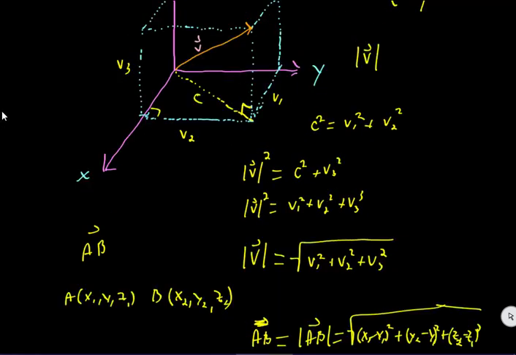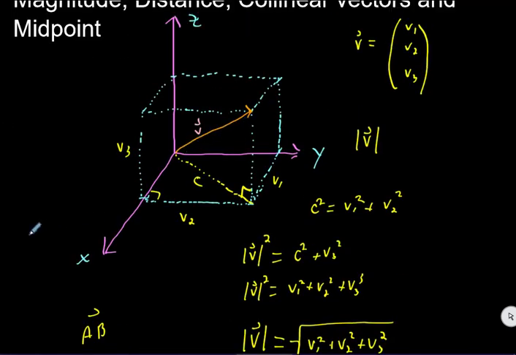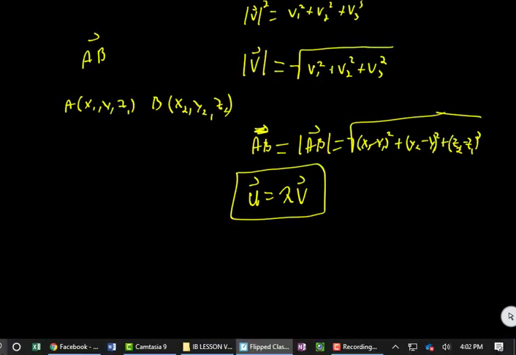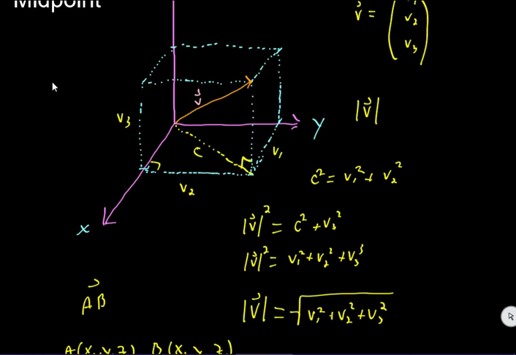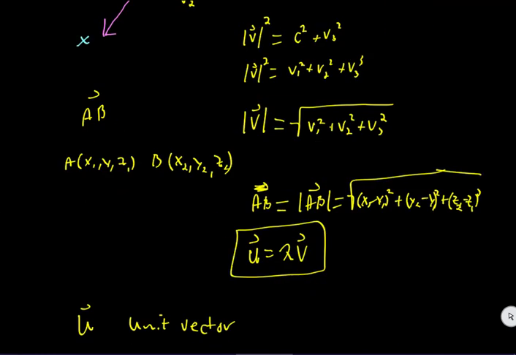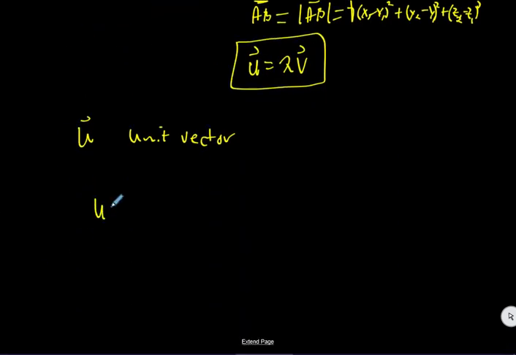If u is the unit vector, meaning a vector of magnitude 1 in the same direction as this vector, then u is going to be the vector v scaled, divided by its magnitude.